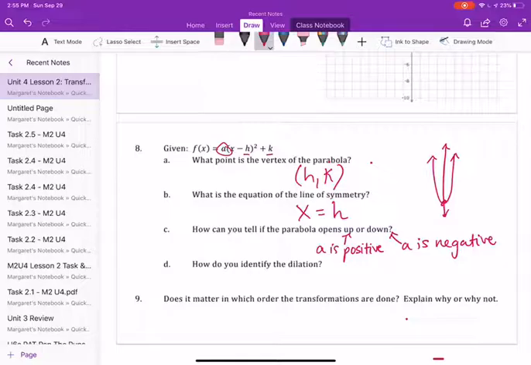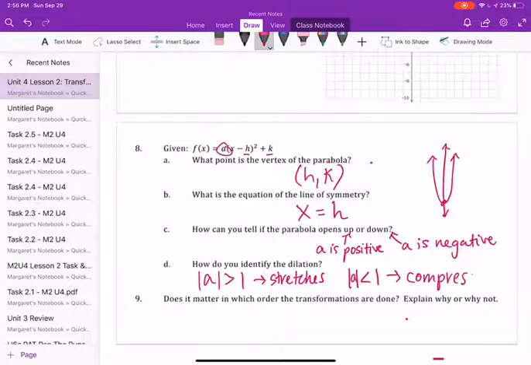And so this is our a. When the absolute value of a is bigger than 1, then it stretches. And when the absolute value of a is smaller than 1, it compresses, becoming wider instead of skinnier.